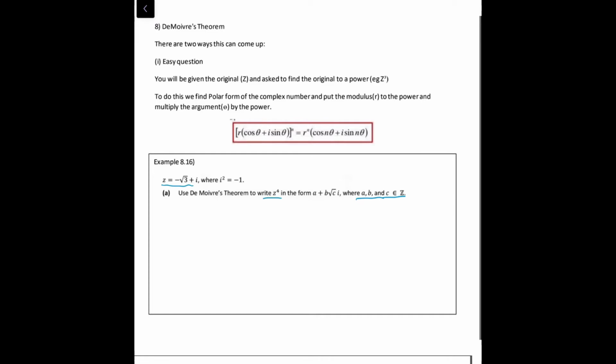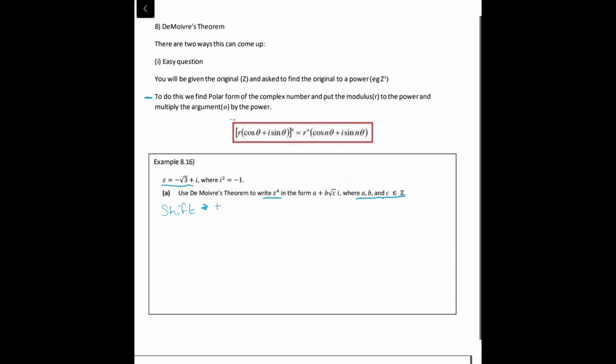To start, we'll do what we said up here. To do this we need to find the polar form of a complex number. To find polar form, I'm using my calculator. I press the shift button, then I press plus.